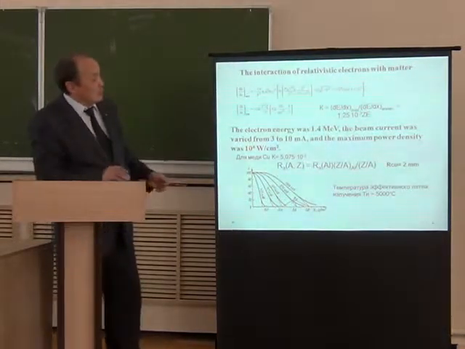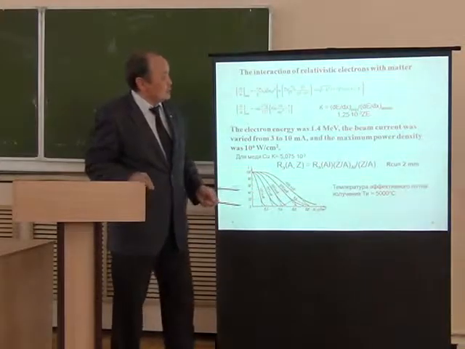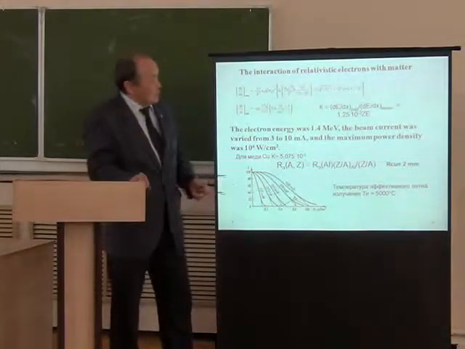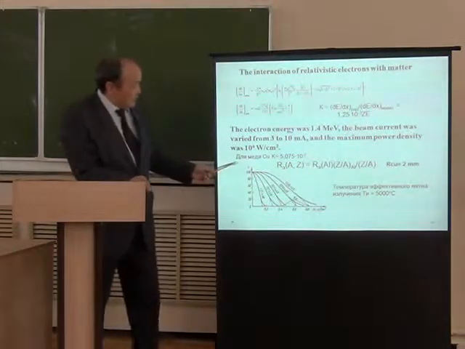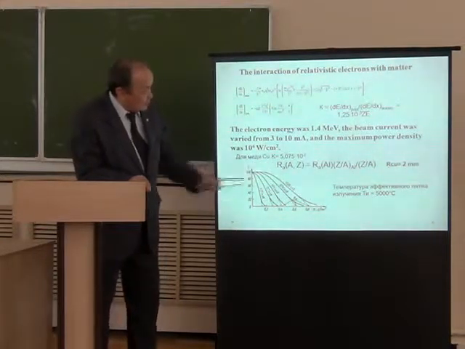The ratio of radiation losses to ionization losses is very small for cuprum.